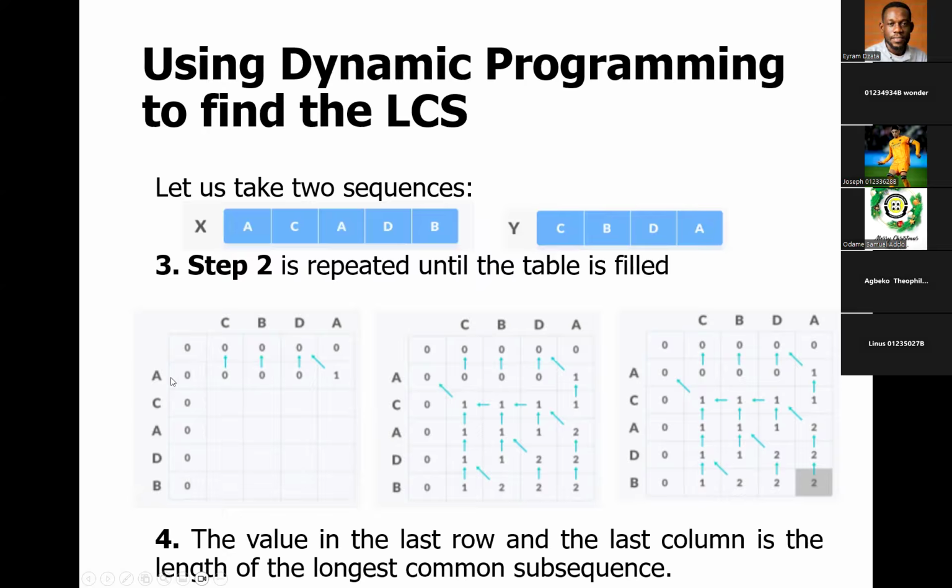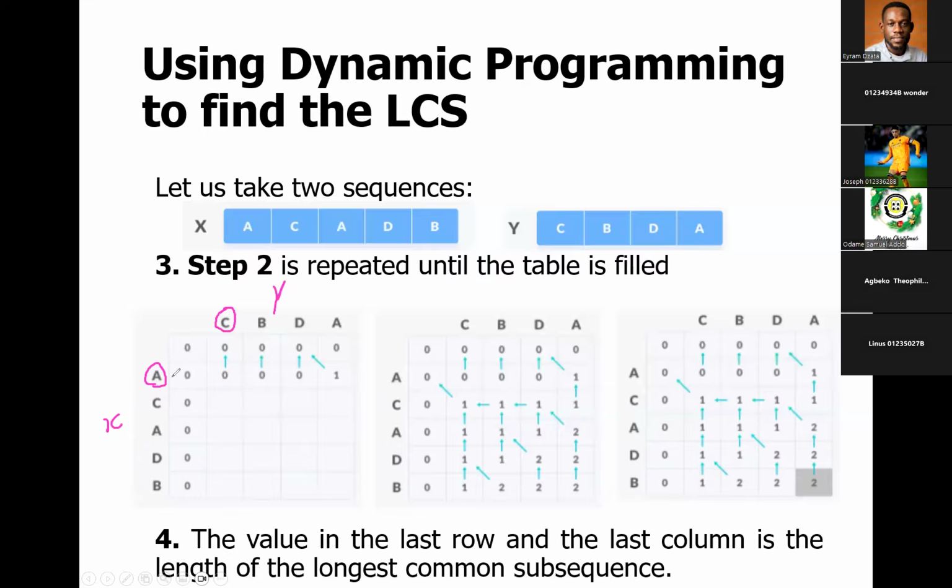It says that we start by making all the columns 0, and all the rows also 0. Are you following? Yes, sir. Then we take the first element here, for the X, this is your X, this is your Y.